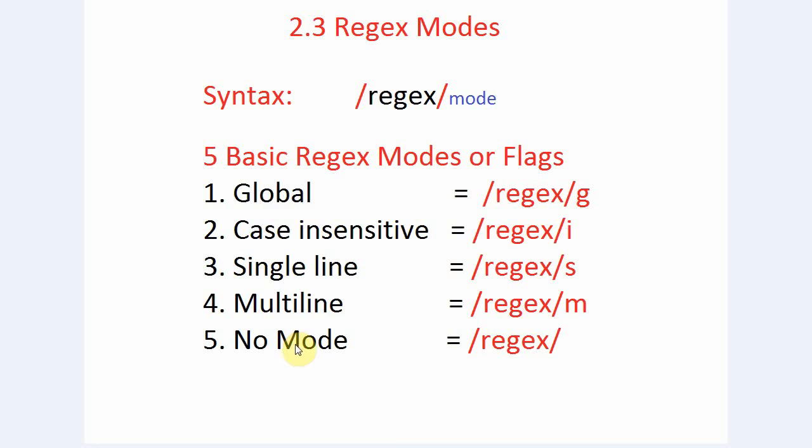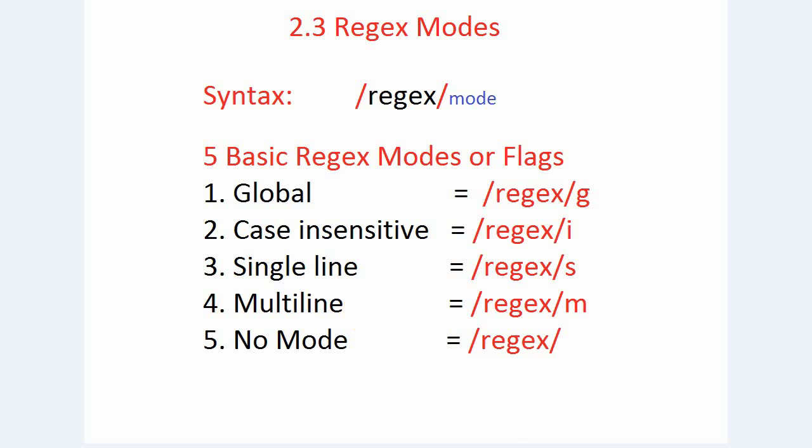Case insensitive will match without considering case. Single line mode or flag means treating the whole text as a single line, and multi-line mode means treating your test string as consisting of multiple lines. So these are the basic regex modes.